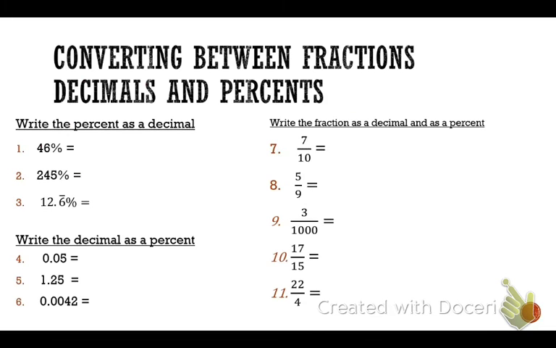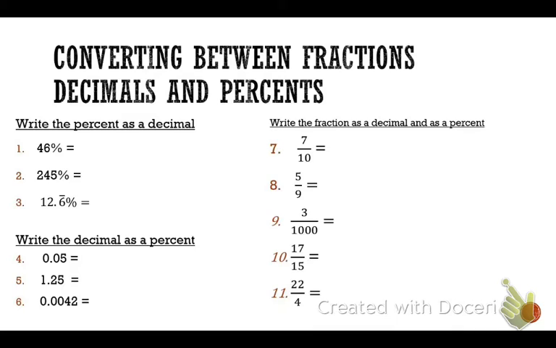This screen's loaded with all our different conversions. One way that I like to explain the percent to decimal conversion: if I were to tell you that there's a 46% chance of rain today, 46% out of what?